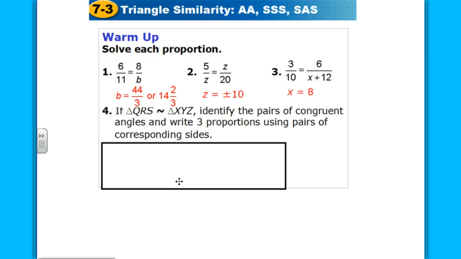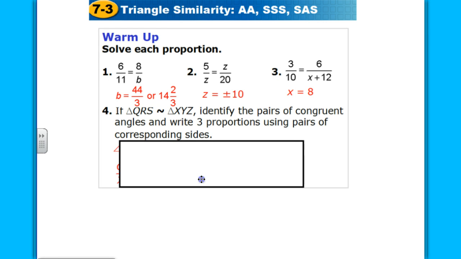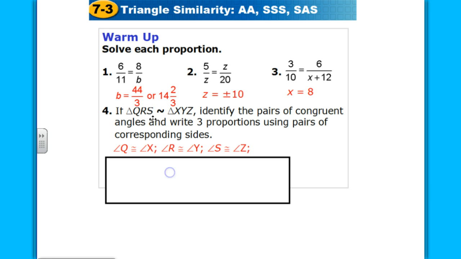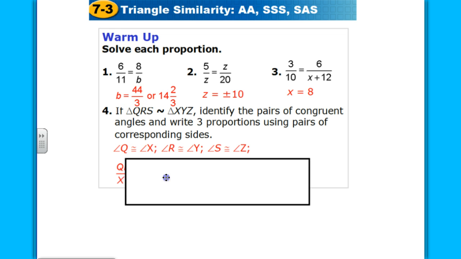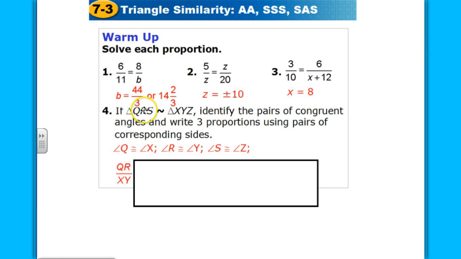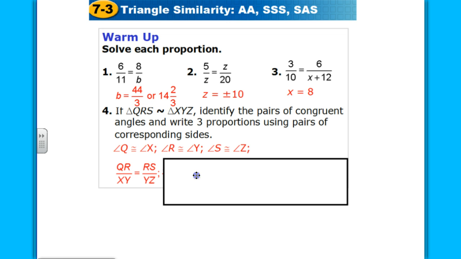So give the congruent angles, Jenna. Angle Q is congruent to angle X, angle R is congruent to angle Y, and angle S is congruent to angle Z. There you go. And so we are given the similarity statement, so you just read the statement, and that's great. And then the proportions, let's say QR would be proportional to, and is that the order they put it in? Yes. RS is proportional to YZ, right?